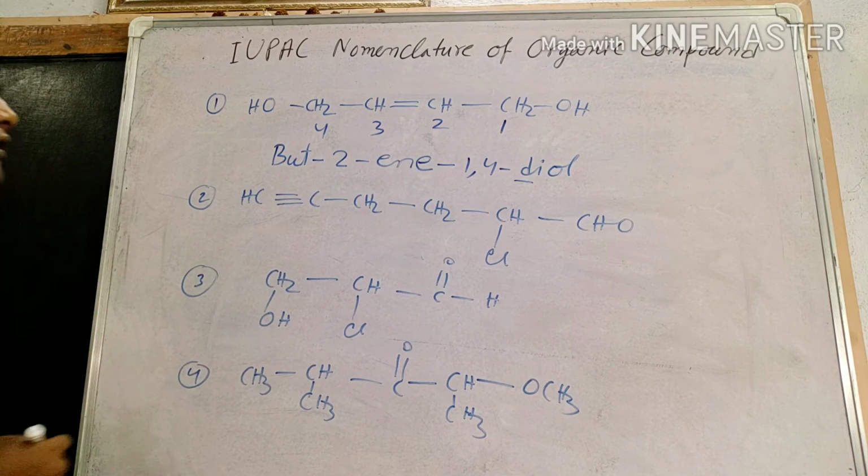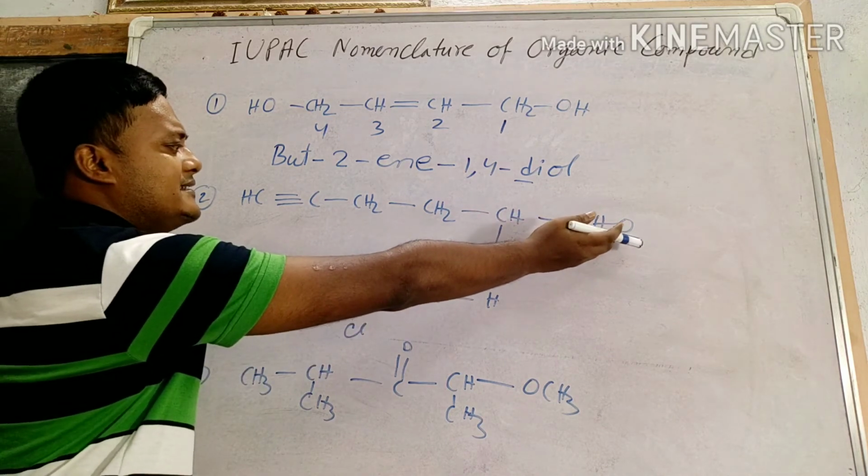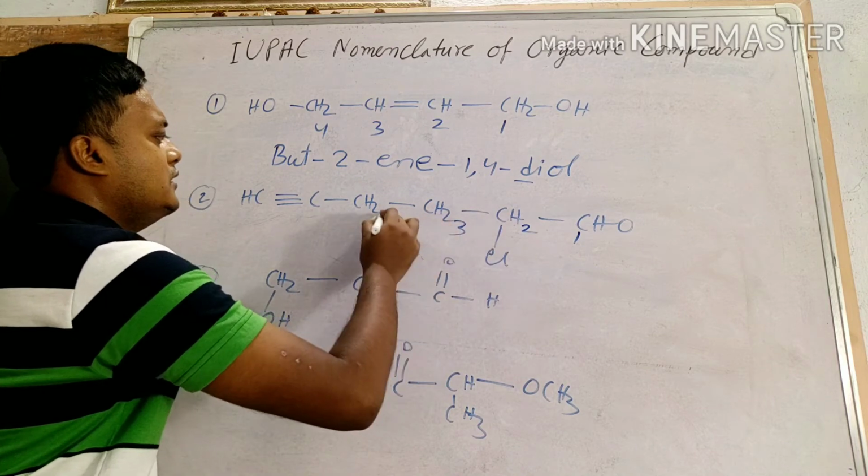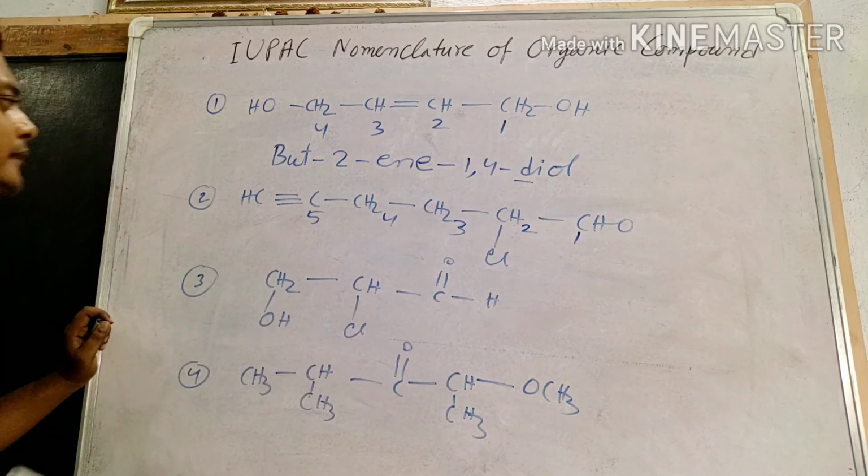Now the second one, the main functional group is aldehyde, CHO. So we will start numbering from this side, 1 2 3 4 5 6.